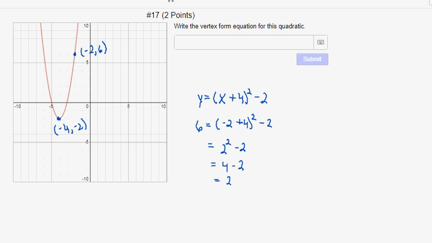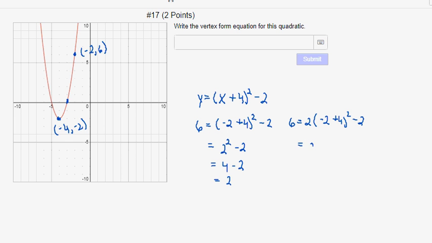And if we look at this, this looks a little skinnier here because we also have the point 0, -3. All right, so if we make a change here, does 6 equal 2 times -2 plus 4 squared minus 2?